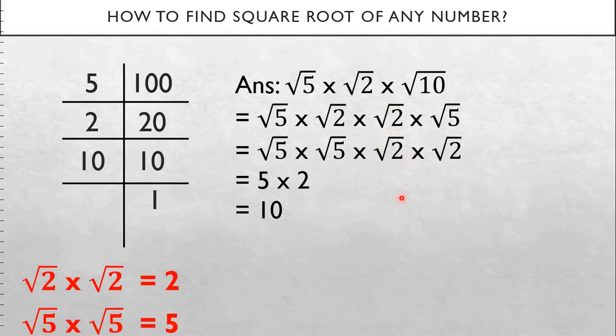That is the only reason why I was saying that try and divide with the number which you are taking in the starting itself, because if you do that, then you will be able to make the pairs easily. So if I have taken 5 and I go with 5 itself, then I will be able to make the pairs of 5 easily. So that is how you are supposed to find the square root of any given number.